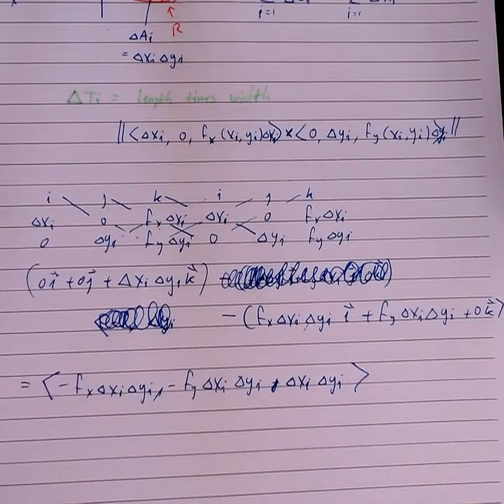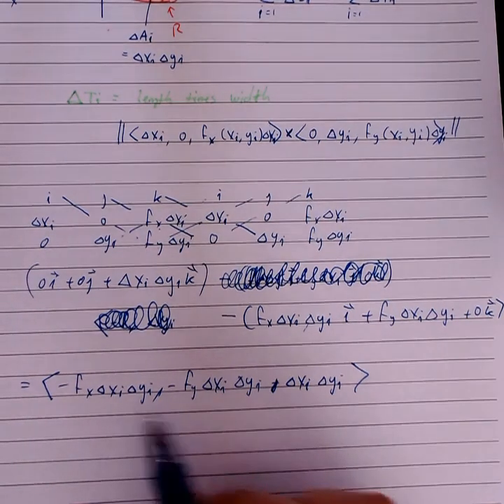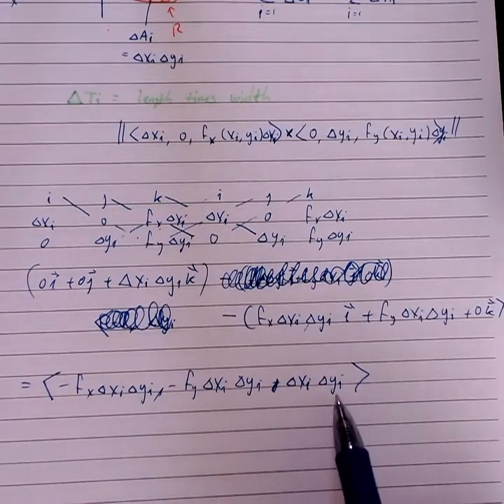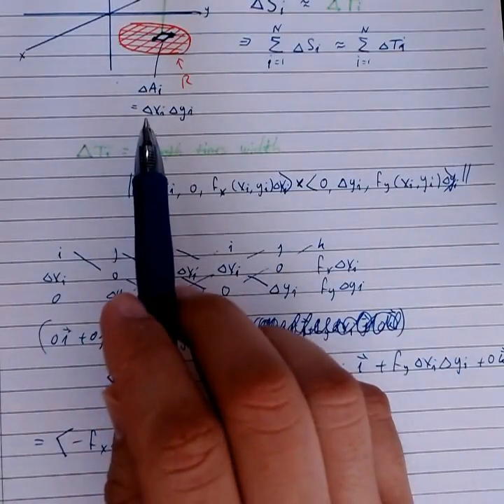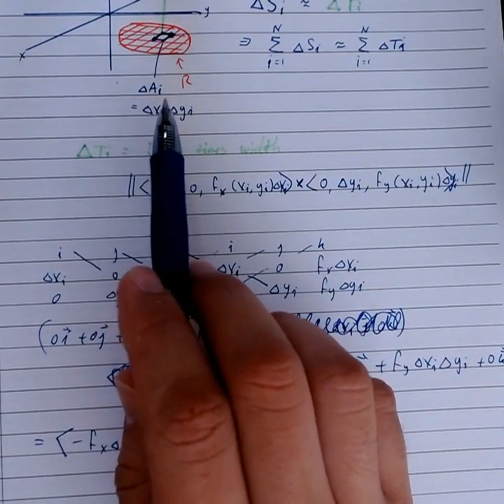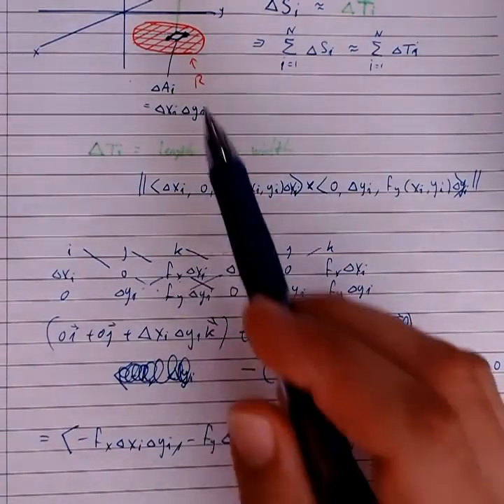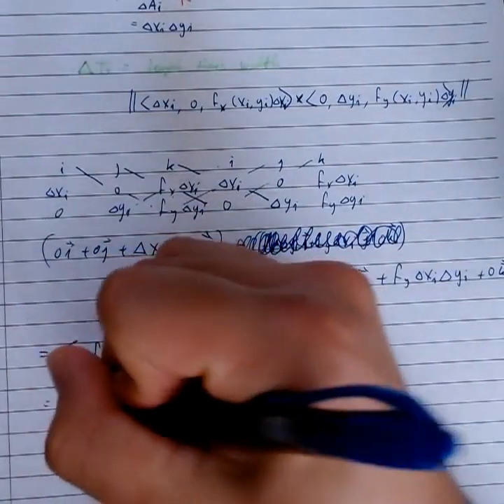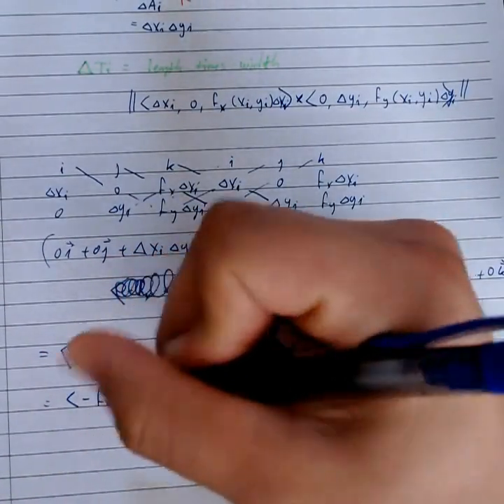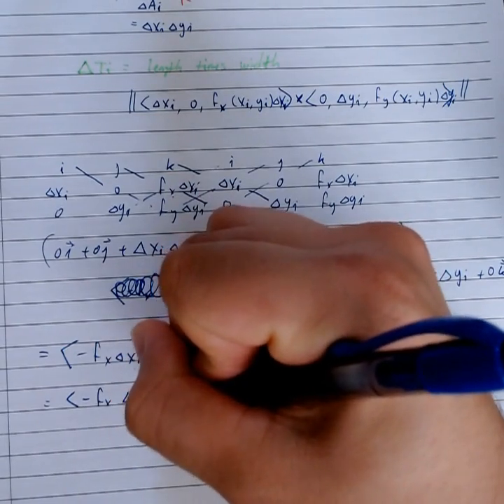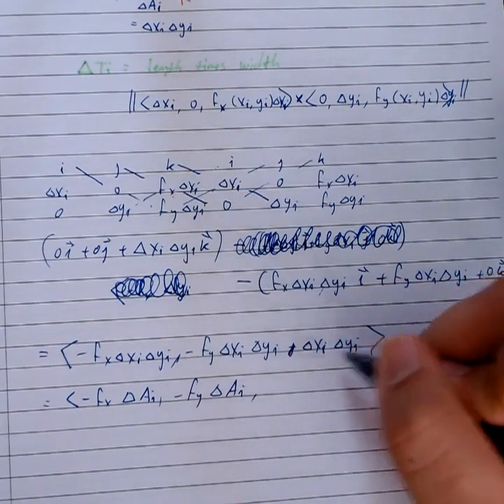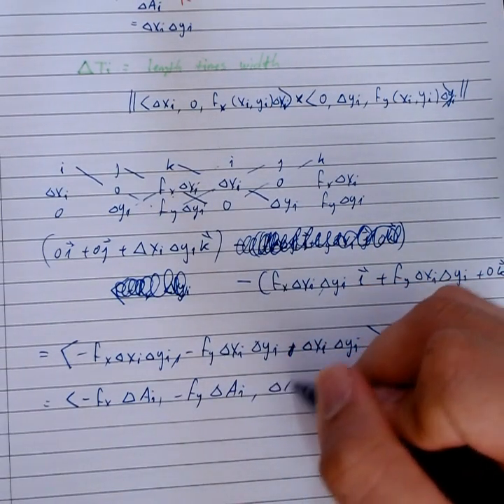Here you notice that delta xi delta yi is common to all three of these. And not only is it common to all three of these, but it can be rewritten as delta a sub i. Delta xi, delta yi, that's our delta ai. I knew that had to come up. That's why I realized, oh, I was missing that one term there. So here we can write this as minus f sub x delta ai, comma, minus f sub y delta ai. And here that would be just delta ai.